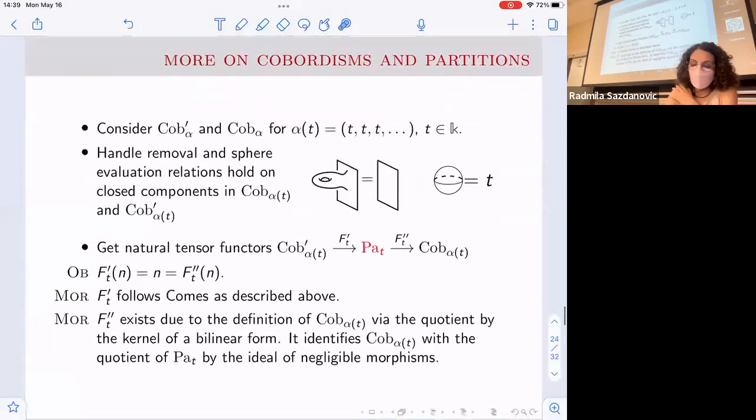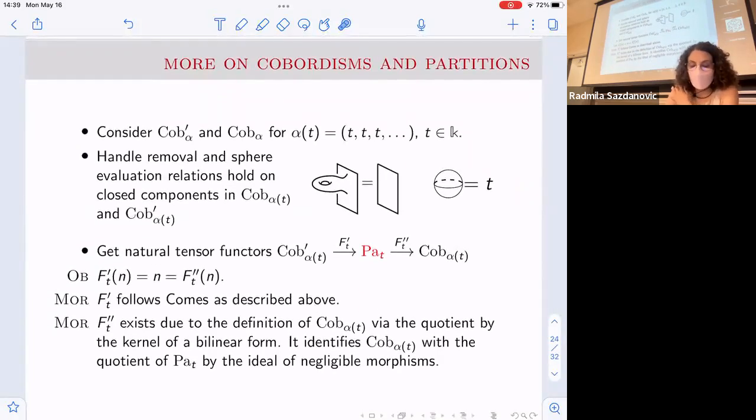Okay, so just a little bit more on cobordisms and partitions. Again, in these categories, Cob alpha prime and Cob alpha, if we focus on a constant function alpha, so it assigns the chosen element T no matter what the genus is, we get handle removal and this evaluation holds. So what that gives us is that we can squeeze the partition category between Cob alpha prime and Cob alpha.